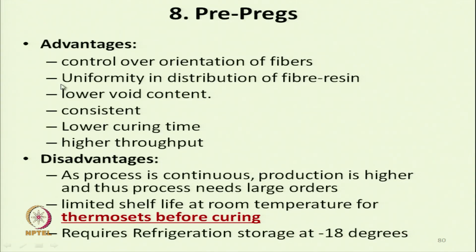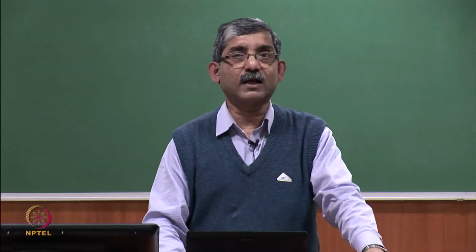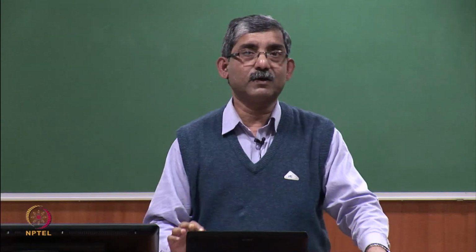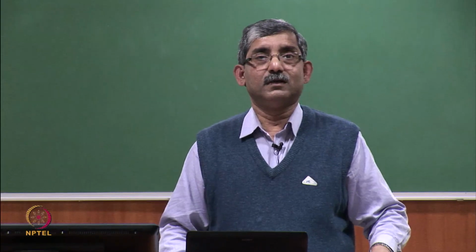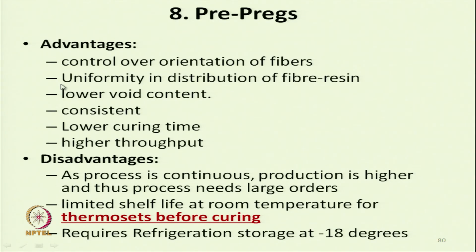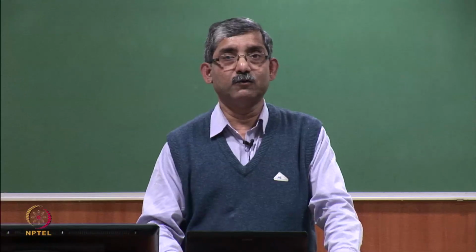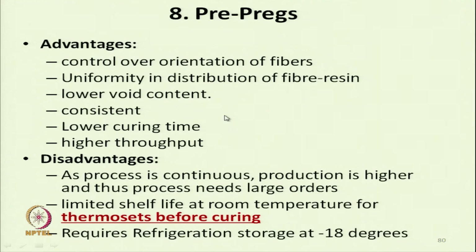Here uniform distribution of fiber and resin is there, because the reinforcing material is dipped into the resin. So, the resin will be uniform, low void content, completely immersed, because the reinforcing material is completely immersed inside the resin. It is consistent, low curing time, high throughput, because this is a continuous process.